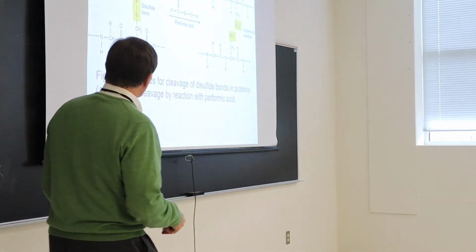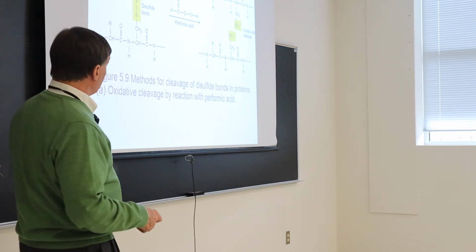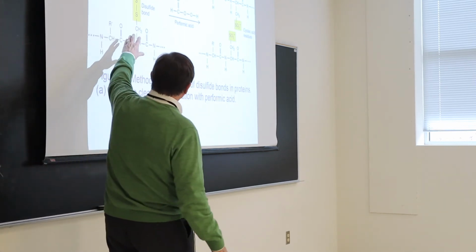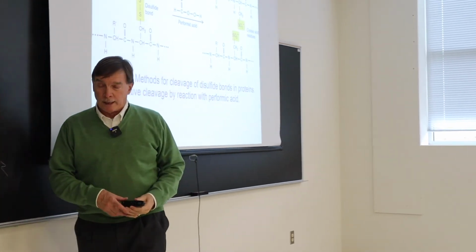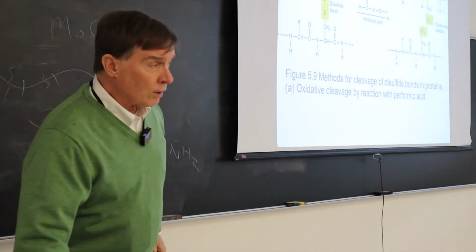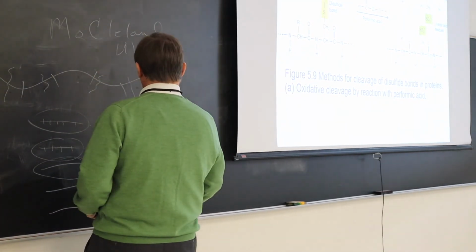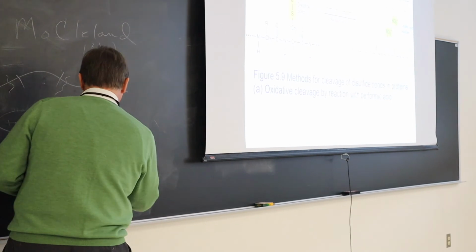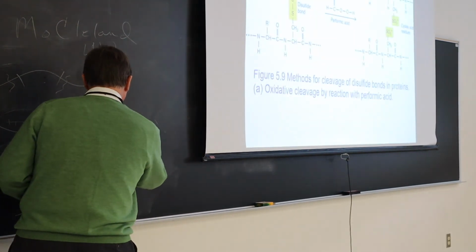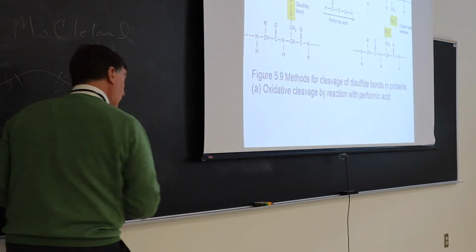Okay, here we go. First of all, performic acid oxidation. Here's the disulfide bond or disulfide bridge. There's performic acid. You should recognize the term per for a per acid, I hope, because formic acid looks like that, okay?